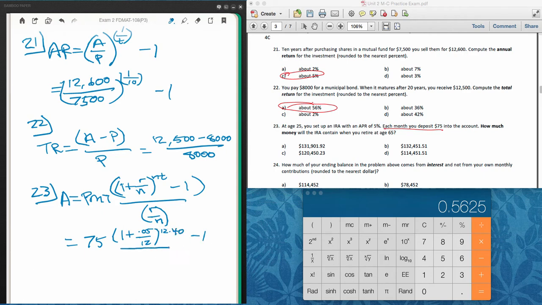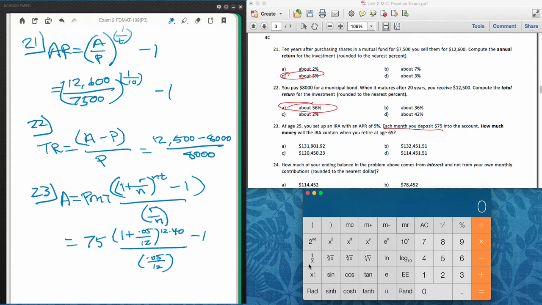Then subtract 1, and I'll do that all over 0.05 divided by 12. So I'm going to do the bottom area first. So 0.05 divided by 12 will give me 0.00416666. So I'm going to store that in memory, but I could go 0.00417, and that would probably be a rough estimate. But I'm just going to store this in the memory. Make sure I have it in the memory.